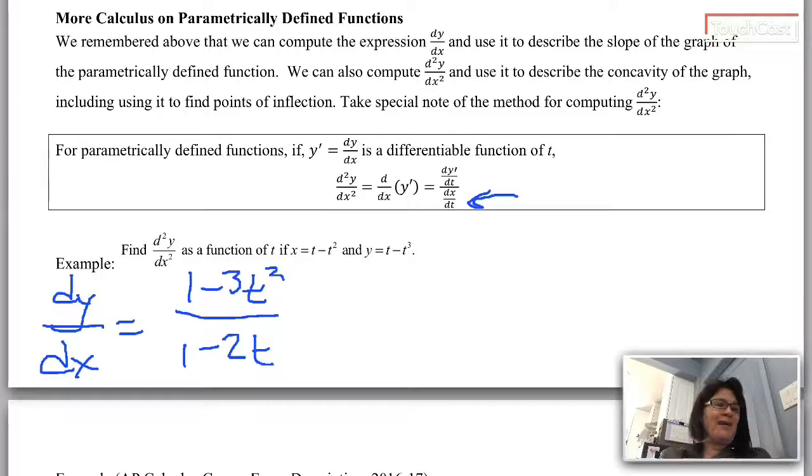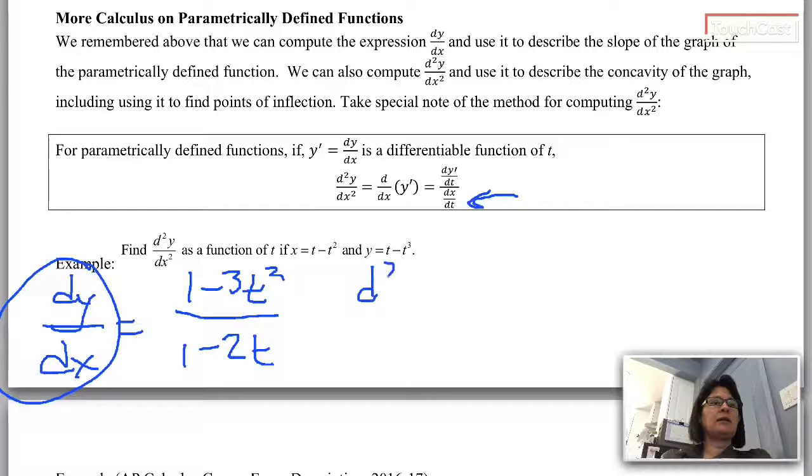Piece of cake, right? Okay, now to find the derivative of dy/dx, I need to take the derivative with respect to the variable that is there. So where do I want to write that?